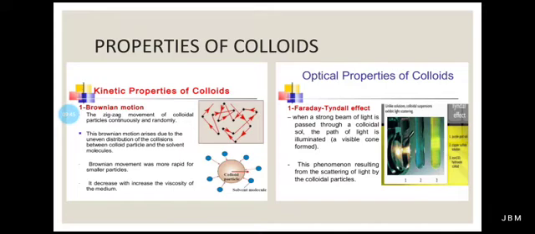The zigzag movement of colloidal particles continuously and randomly takes place, which is sometimes referred to as the Brownian motion. This Brownian motion arises due to the uneven distribution of the collisions between colloid particles and the solvent molecules. Brownian movement is more rapid for smaller particles. It decreases with increase in the viscosity of the medium.